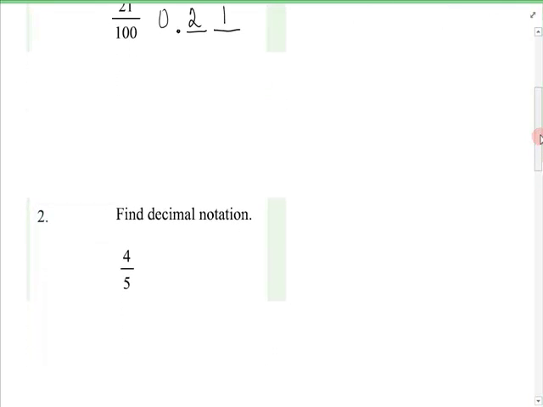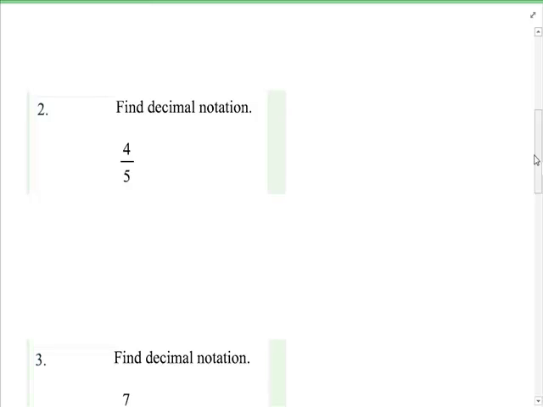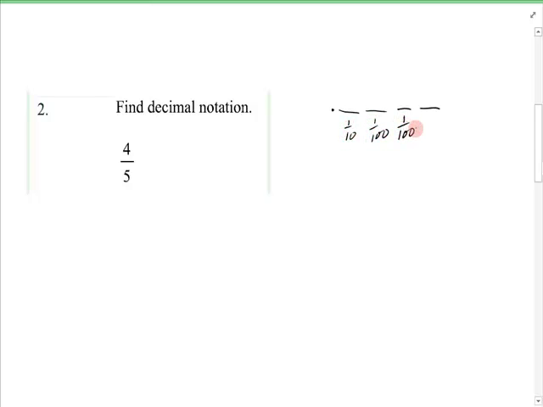I'm actually going to do these problems 2 ways, and you are welcome to do it either way. All right, remember our denominators for our place values. The tenth, hundredth, 1,000th, 10,000th. Could I turn this 5 into one of these? And if I could, what would be the easiest one?